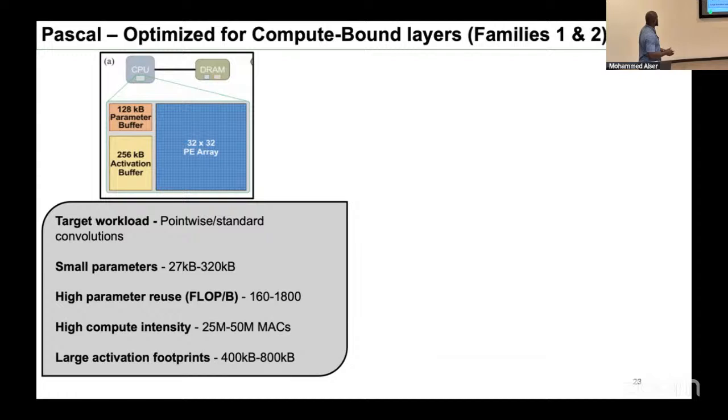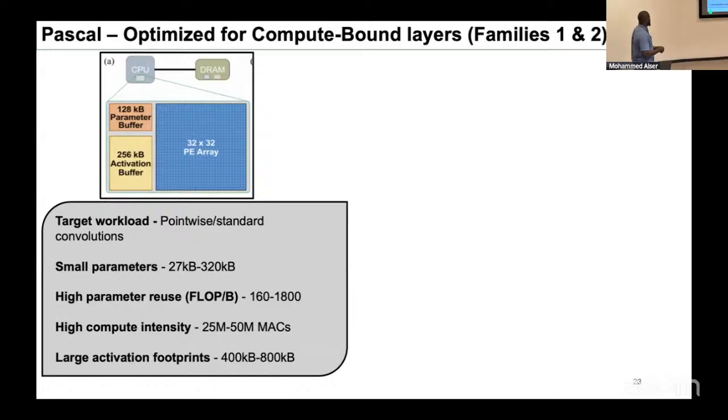So you have a large processing element array provisioned, and a small parameter buffer and activation buffer. This is typically used for layers that have small parameter footprints.